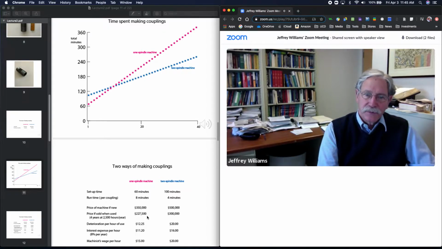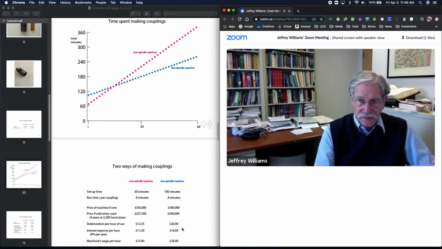So I've made a 40% drop in value if it's used 10,000 hours, and that works out to be $20 an hour per use if it's the two spindle machine, and less if it's the one spindle machine.